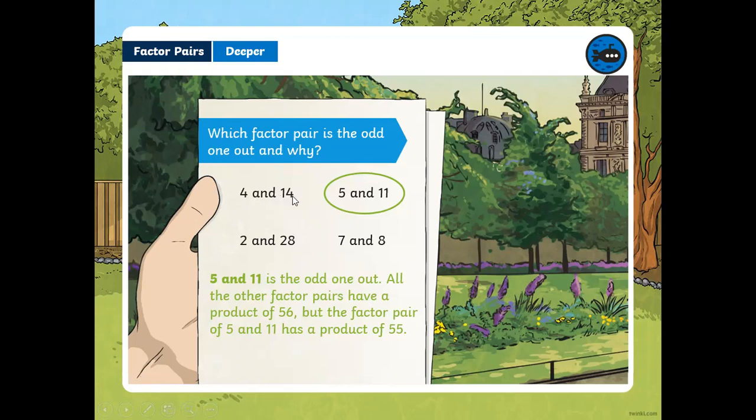Did you realize that 4 times 14 gives you 56? 2 times 28 is 56. 7 times 8 is 56. But 5 times 11 is 55. Now, you gave me the right answer, but with the wrong explanation. If this was objective, no problem, you got it right. But if this was subjective, then you probably wouldn't know what to reason out.